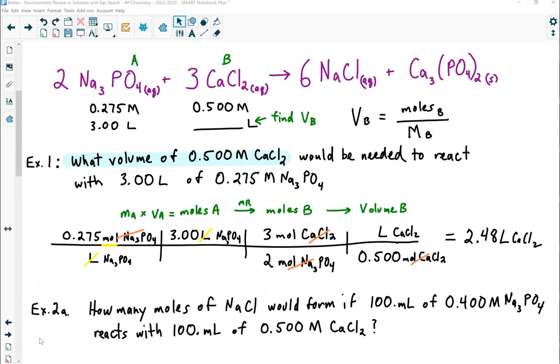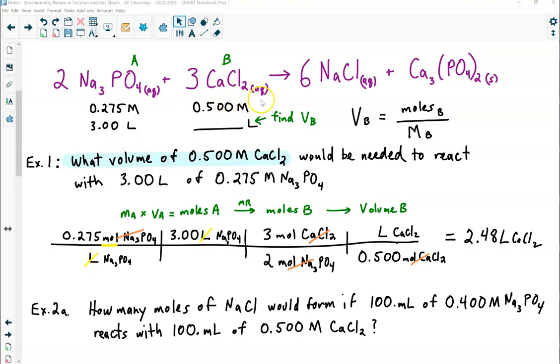So this question asks, what volume of a 0.500 molar calcium chloride solution would be needed to react with 3 liters of a 0.275 molar sodium phosphate solution? Okay, and so in doing the initial stoichiometry setup, we know everything there is to know about sodium phosphate. We know its molarity and volume.